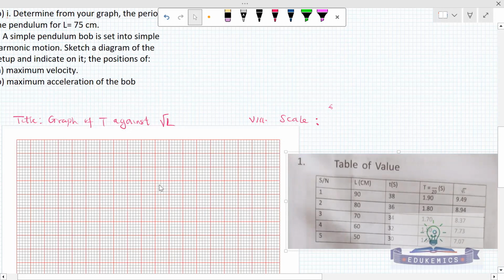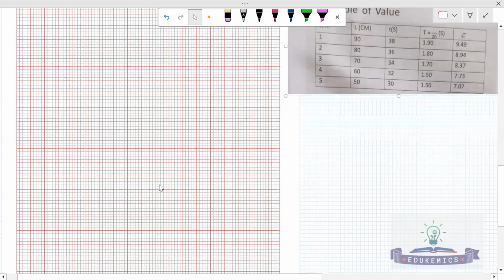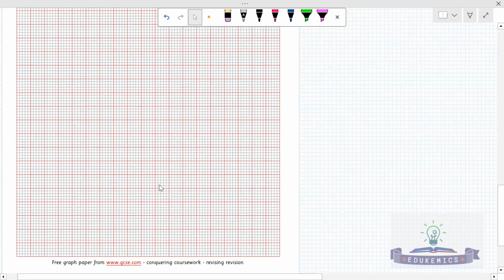Now let's count how many boxes we have on the y-axis. Normally, for the graph you'll be given, you have 12 on the vertical axis, 12 of these 2 centimeter boxes.